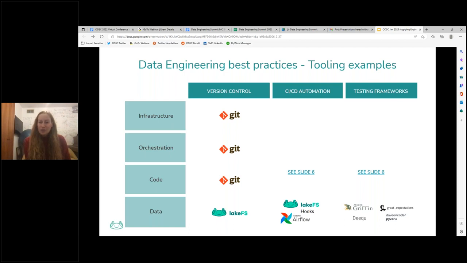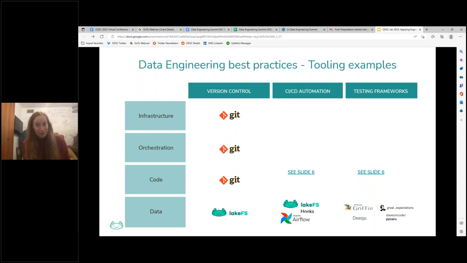You need tooling. So a lot of the tooling we've seen earlier is relevant for the code of the orchestration, and for the code that manages your infrastructure when you run infrastructure as code. I just put Git as a placeholder, and of course the basis for all the other systems that we've seen. But when it comes to data, Git is inadequate.